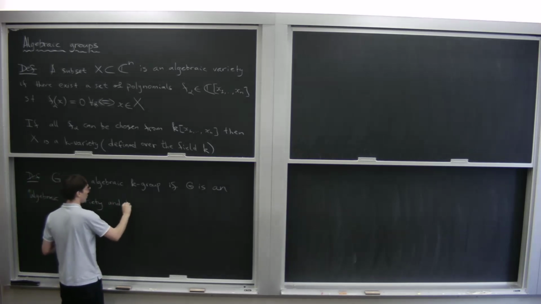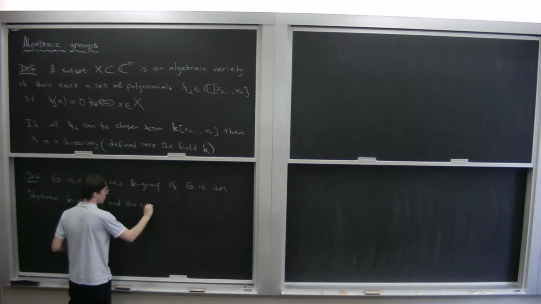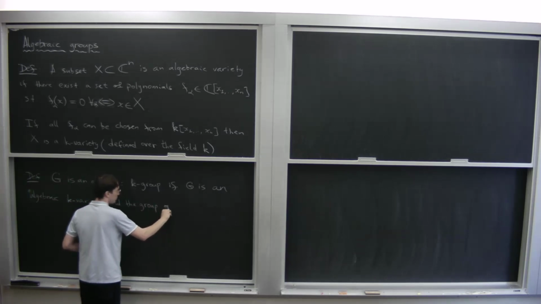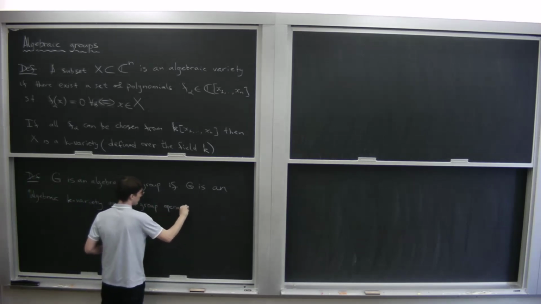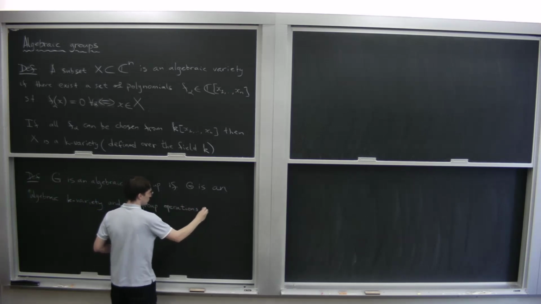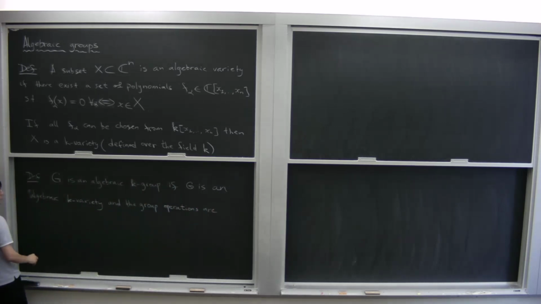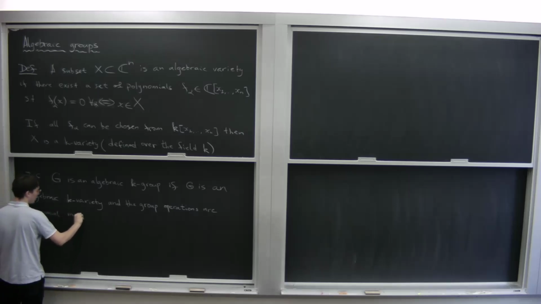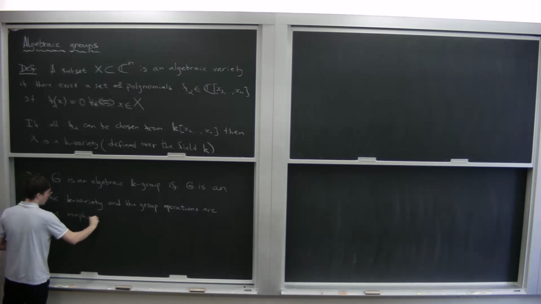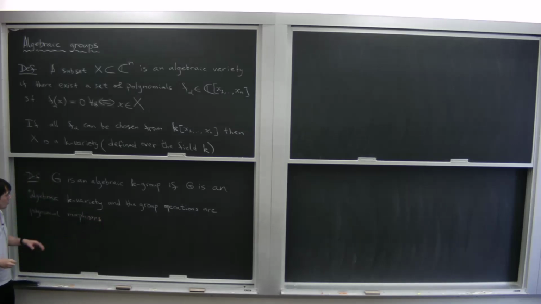and the group operations are polynomial morphisms. What does it mean?